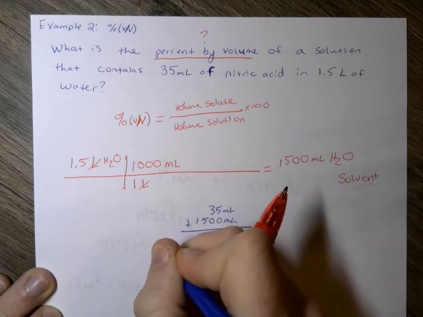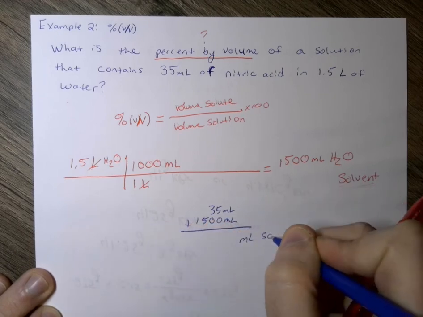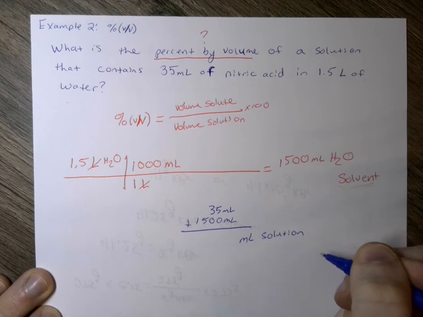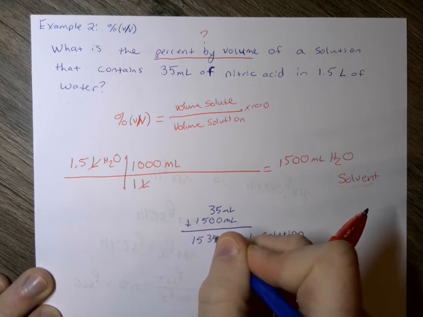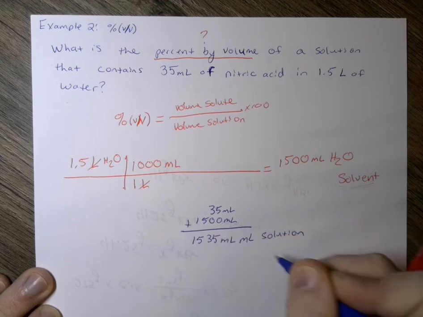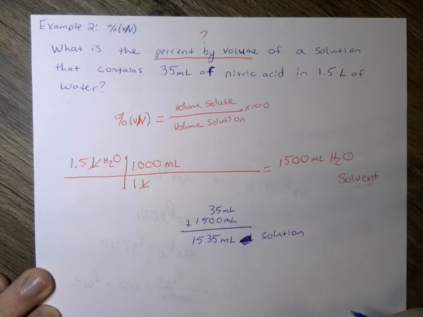So my solution total is 1,535 milliliters. Oop, I wrote that twice. Sorry about that. So 1,535 milliliters of solution. So my solute hasn't changed. It's still nitric acid. My total volume of solution is there.